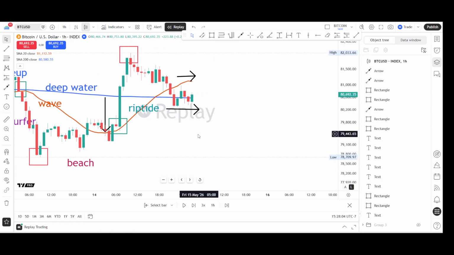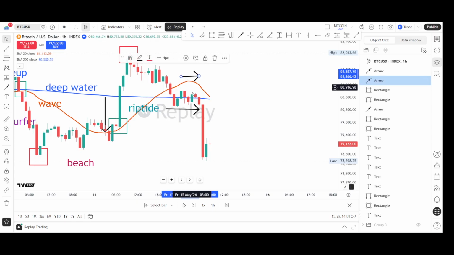So let's advance this. See if we can advance this. Well, that went pretty quick. You are at a bit of a parallel. It started to angle down, slam. It is now basically about to cross. So you're on the correct side of the 20. You're on the correct side of the 200.